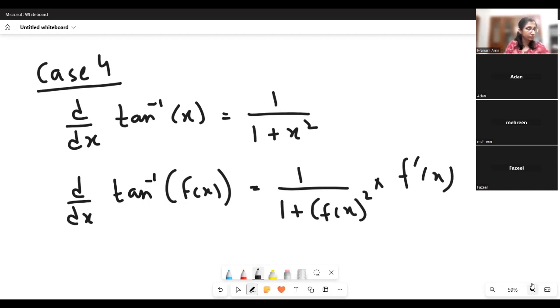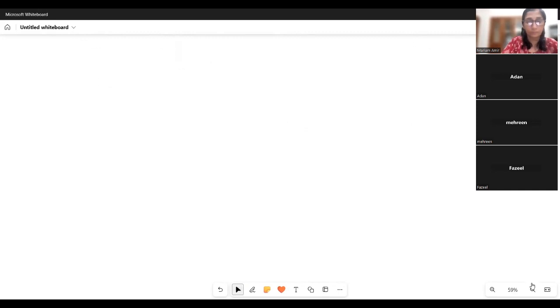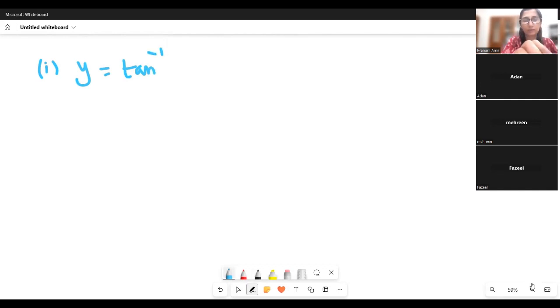Okay. So the first question is, y equals tan inverse 3x. Find dy over dx.